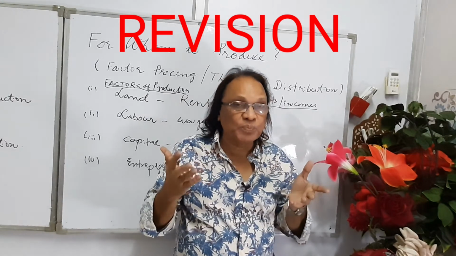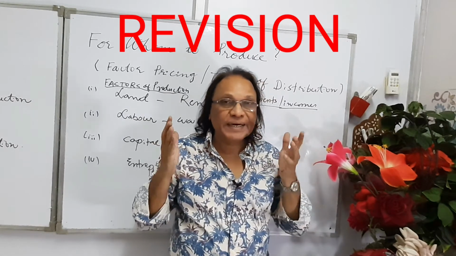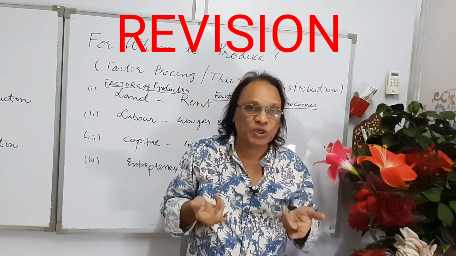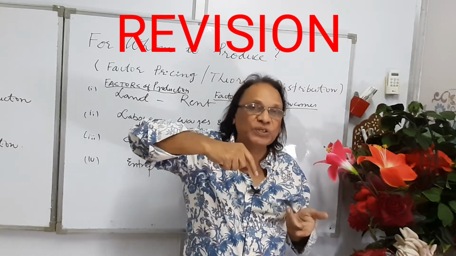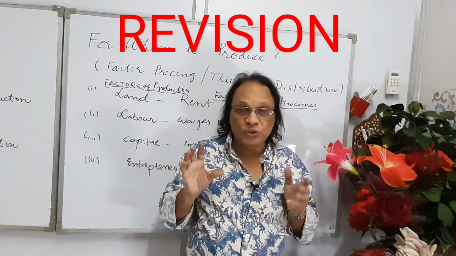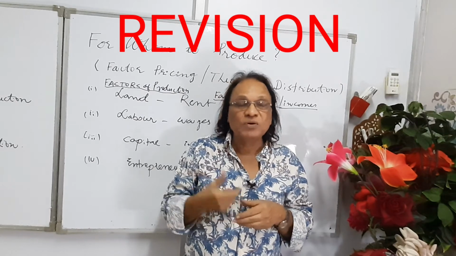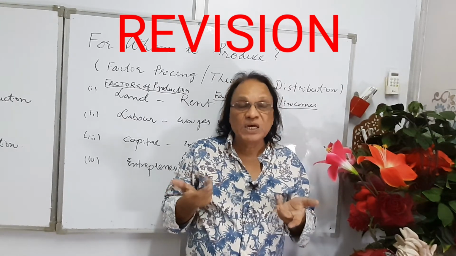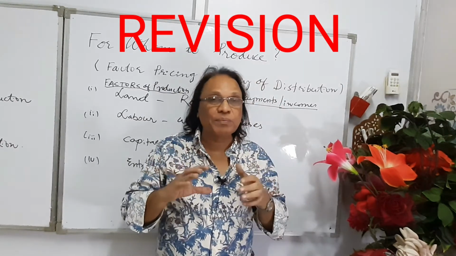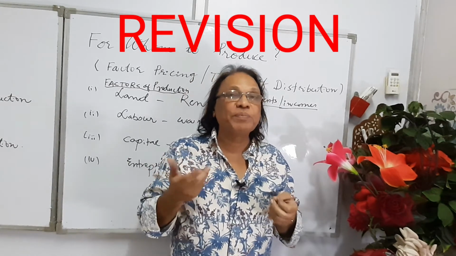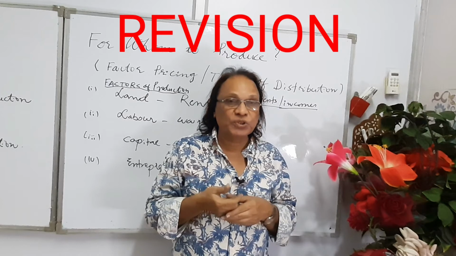How to produce basically deals with the techniques of production, labor intensive or capital intensive technique of production. Which technique we should use? The guiding principle is choose that technique with which you can produce a commodity at the least cost possible. For whom to produce basically deals with the distribution of national income or national product among the four factors of production, that's land, labor, capital and entrepreneurship.